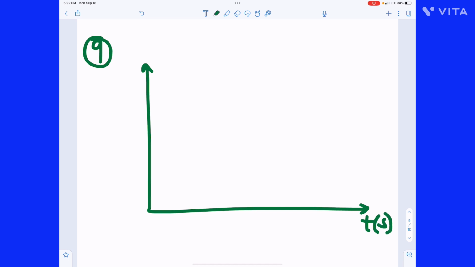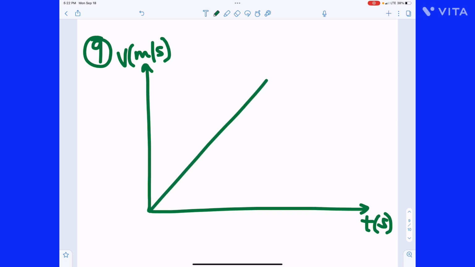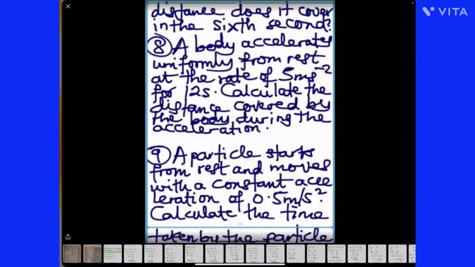Time, seconds, velocity, meters per second. Starts from rest, moves with a constant acceleration of 0.5 meters per second squared. So this is rest here. Okay, let's get the remaining information in the question.